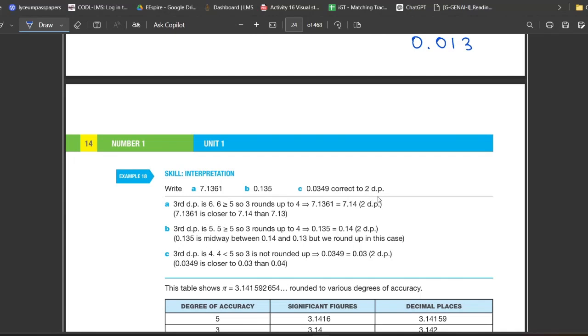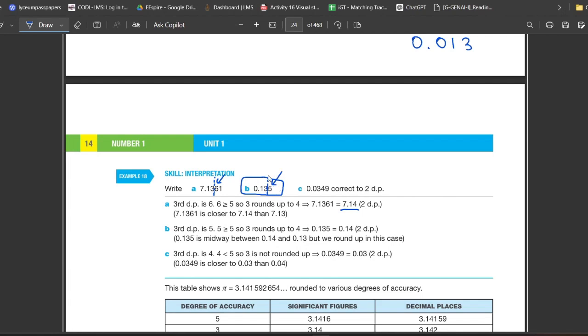Now they are asking us to round this correct to two decimal places. So this is up to two decimal places. We check the third decimal place. If it is greater than or equal to 5, we add 1 to the second decimal place. So this is greater than 5, then we add 1, and the answer is 7.14. Then when we come to this, our second decimal place is here. We put the dotted line and check whether this is greater than or equal to 5.